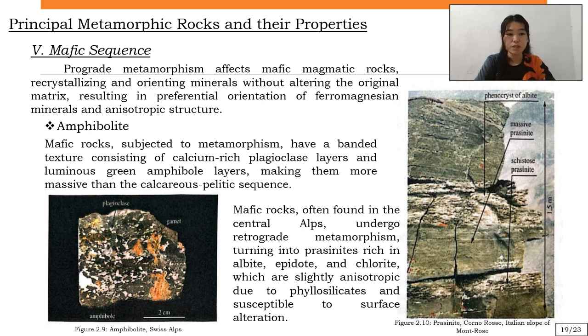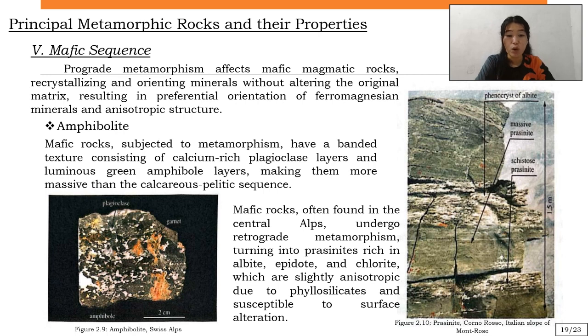So in simple terms, amphibolite is a banded rock formed from the metamorphism of mafic rocks. When these rocks undergo retrograde metamorphism in mountainous regions like the Alps, they transform into prasinites.